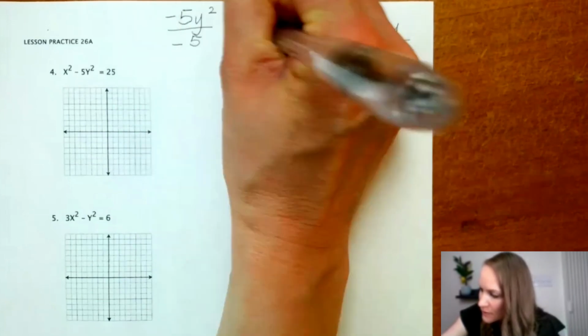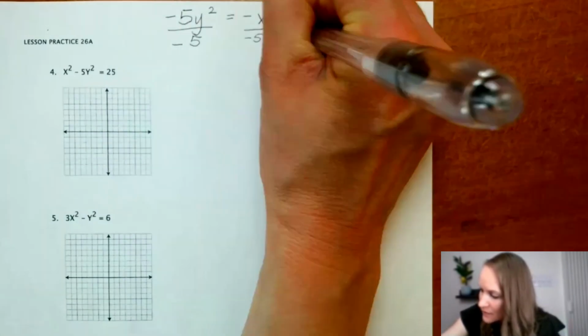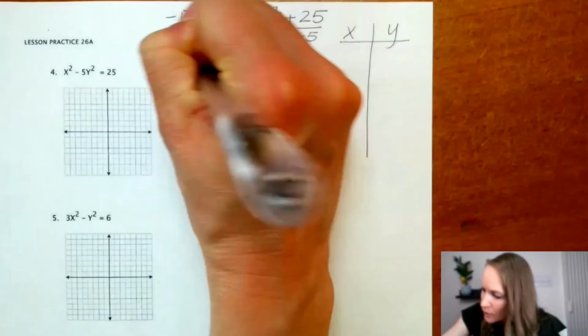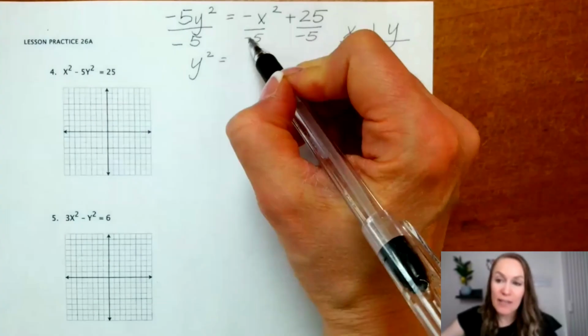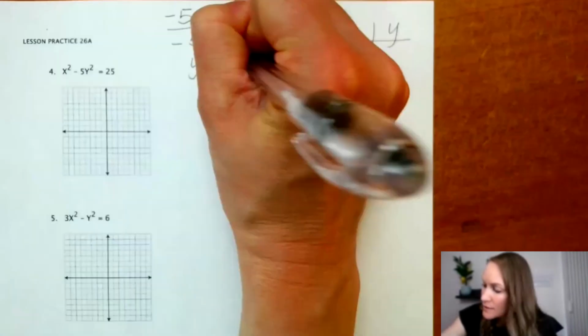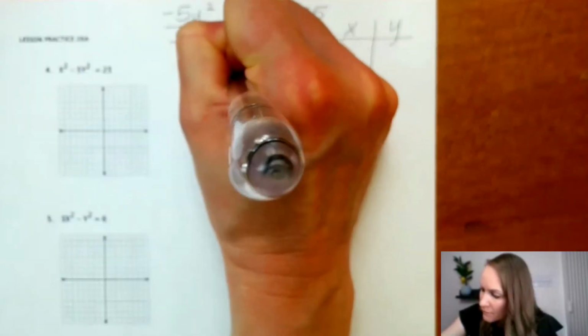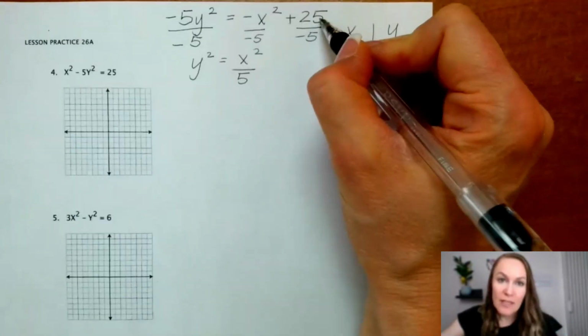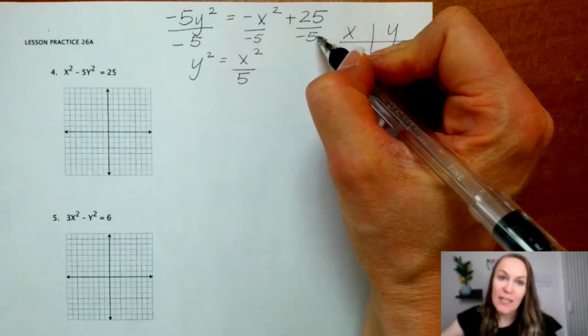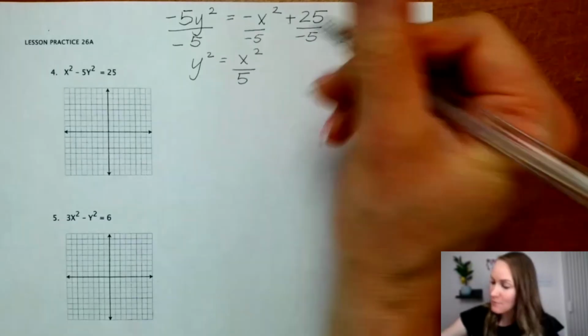Negative 5, negative 5, negative 5. y squared equals, negative divided by negative is a positive, so that's x squared divided by 5. Positive 25 divided by negative 5 is going to be negative 5.